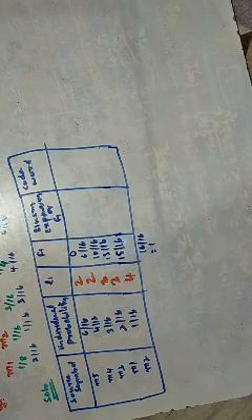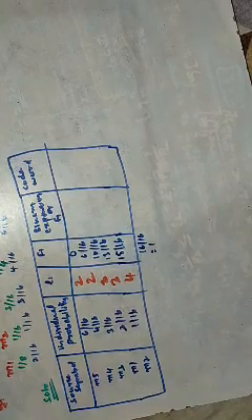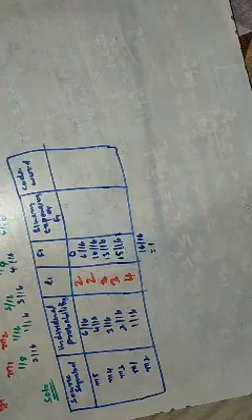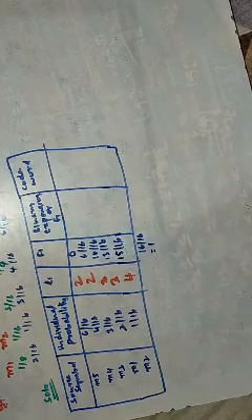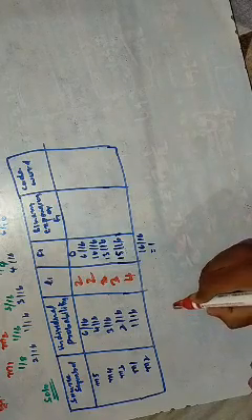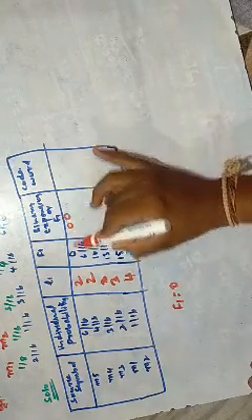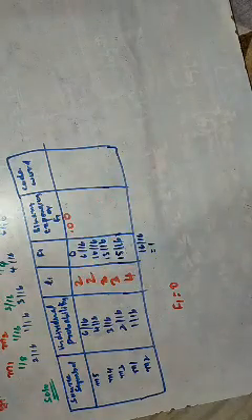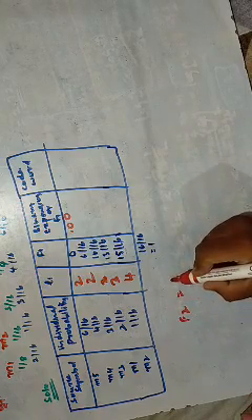Okay, next we have to find the fractions. First, before finding the fraction, we have to write this. F1 is equal to 0, so all these are 0. The length is 2, so I'll put 2 zeros. And next, F2 is what?